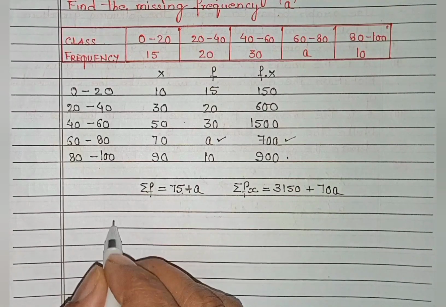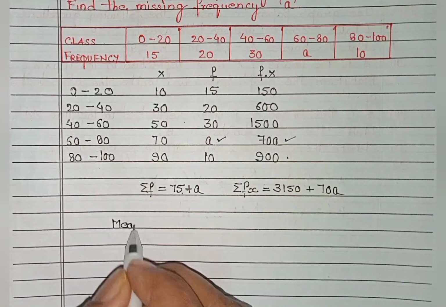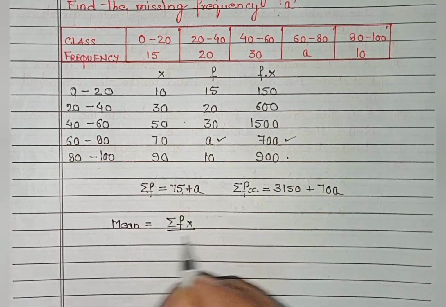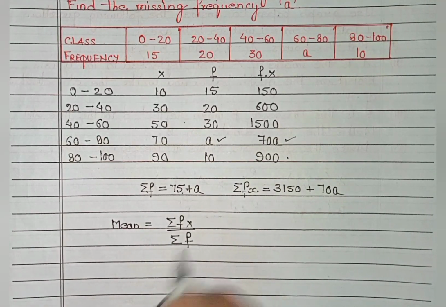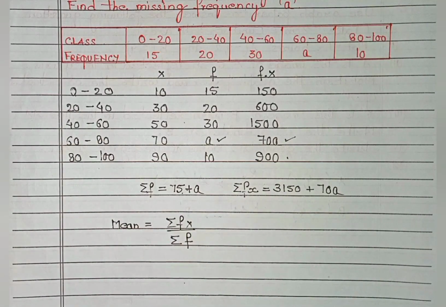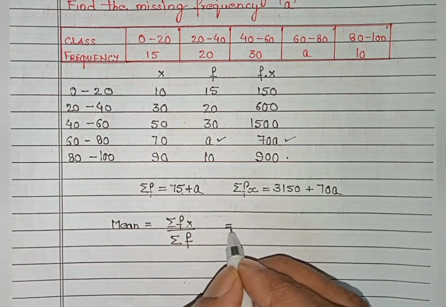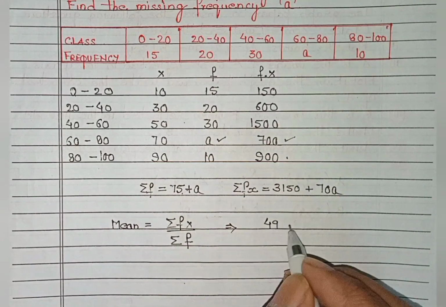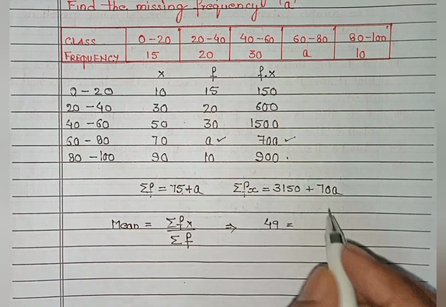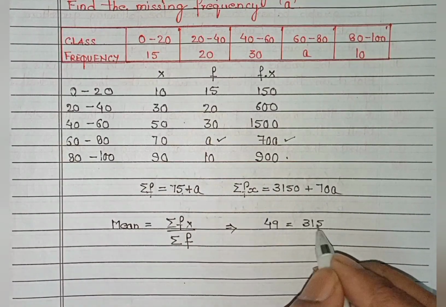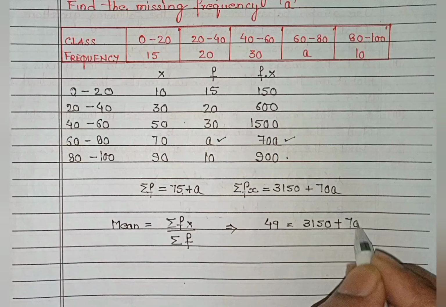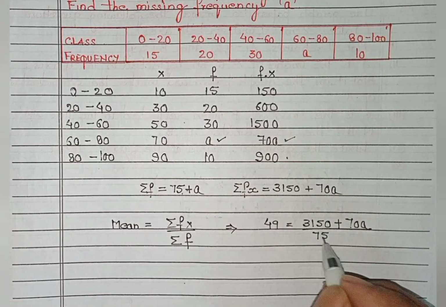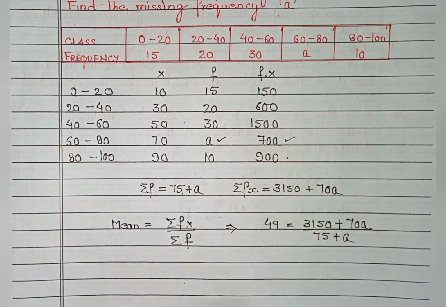Now the mean formula is, in direct method we have summation fx upon summation f. So let's apply this formula. Your mean is 49. Summation fx is 3150 plus 70a. Summation f is 75 plus a.